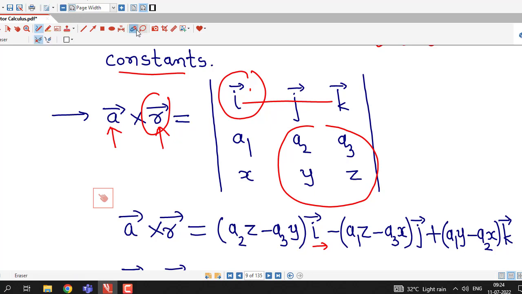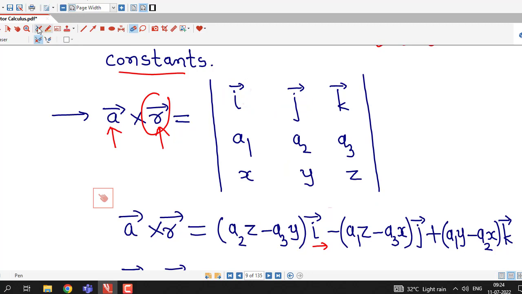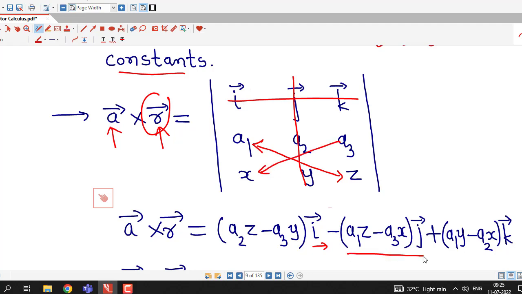Similarly we consider minus j, and we will not consider the row and column in which this j is present, and we will take determinant of this matrix a1, a3, x, z, that is a1 into z minus a3 into x, that is multiplied with vector j.